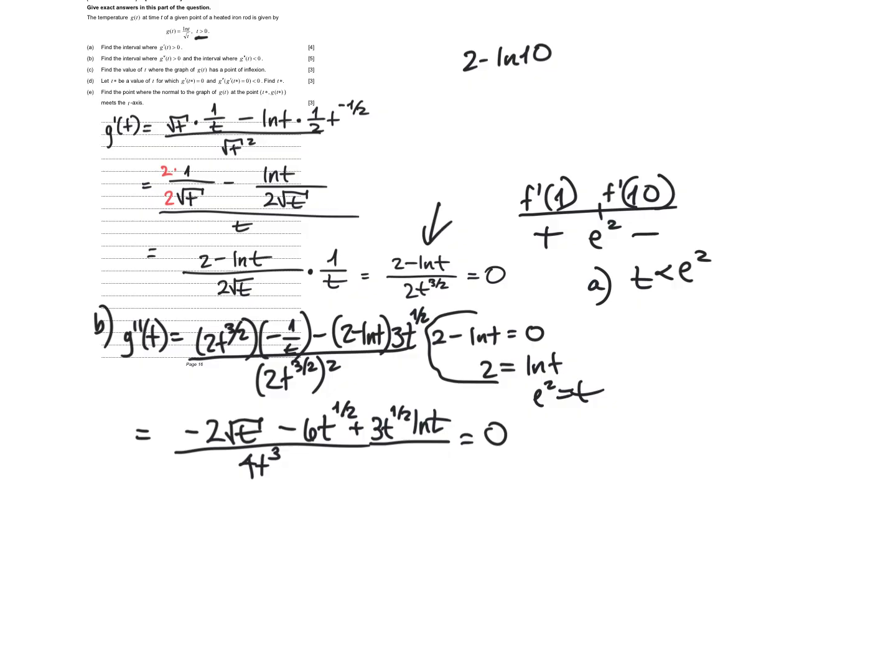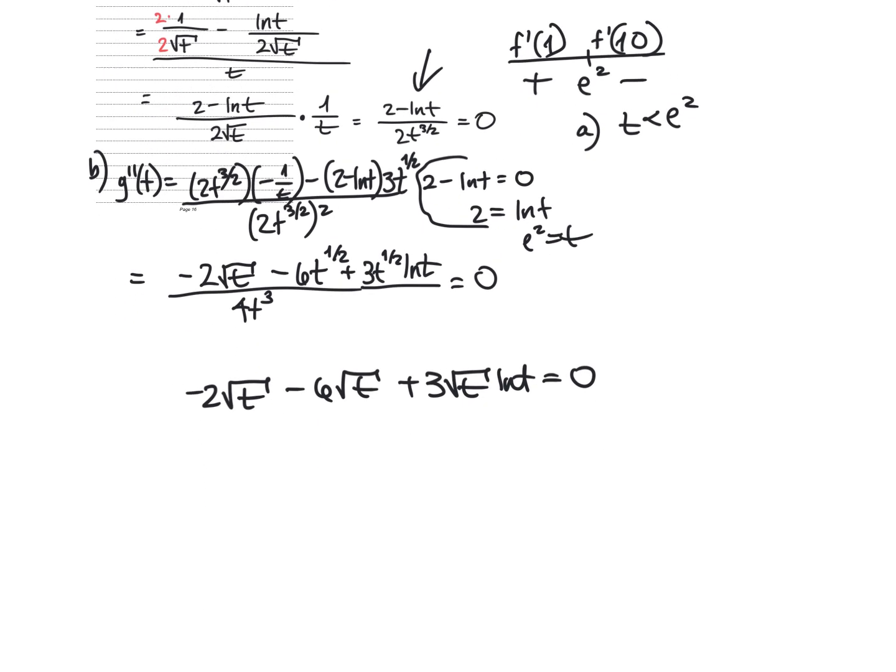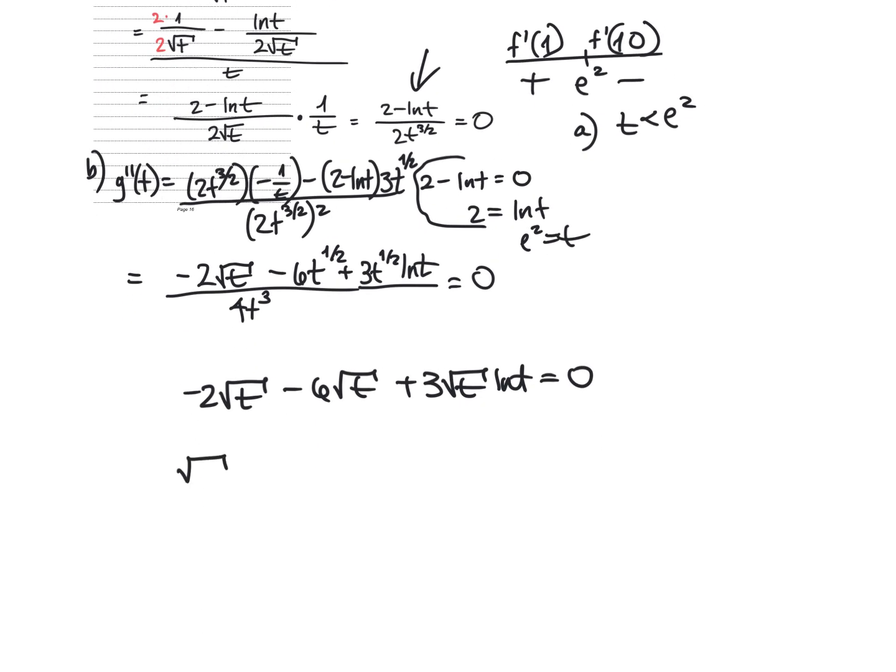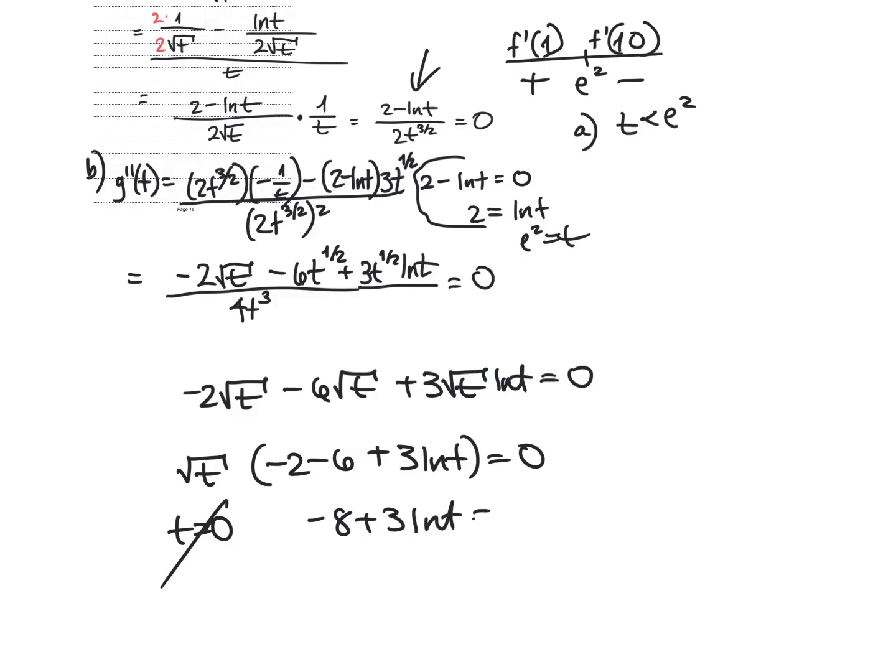So if we cross multiply by 4t cubed, we're going to have negative 2 root t minus 6 root t plus 3 root t natural log t equals 0. If we factor out root t, this is going to be negative 2 minus 6 plus 3 natural log t equals 0. So either t is 0, which it can't be, or negative 8 plus 3 natural log t is 0.